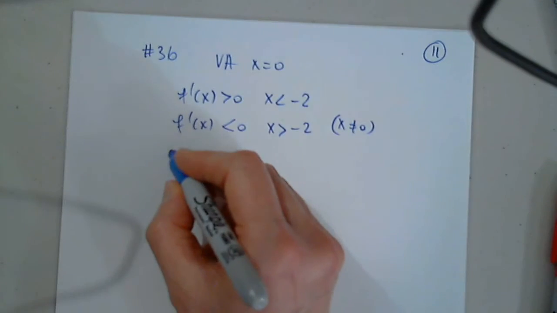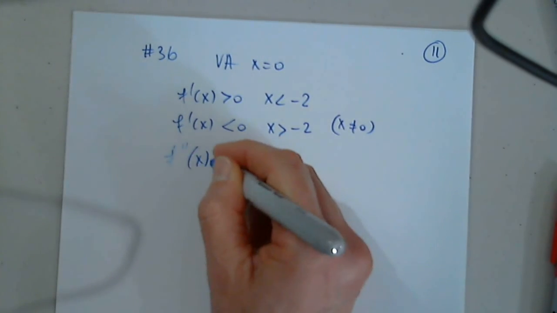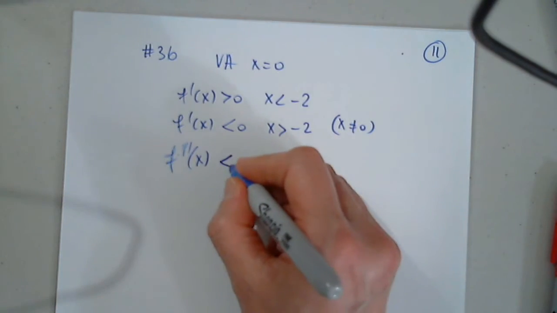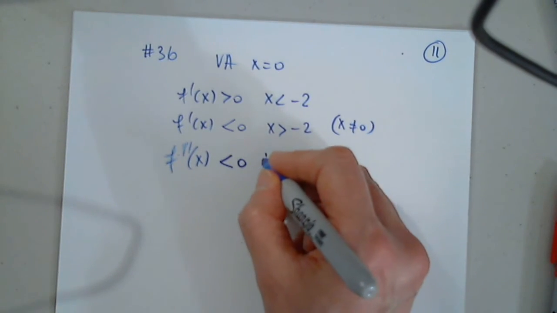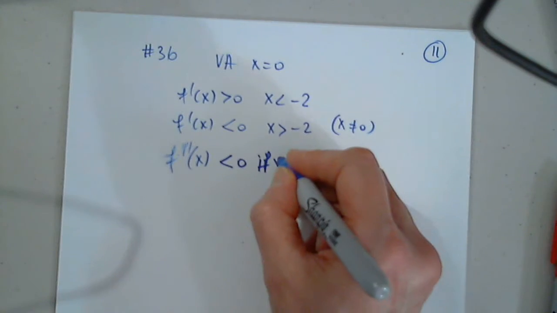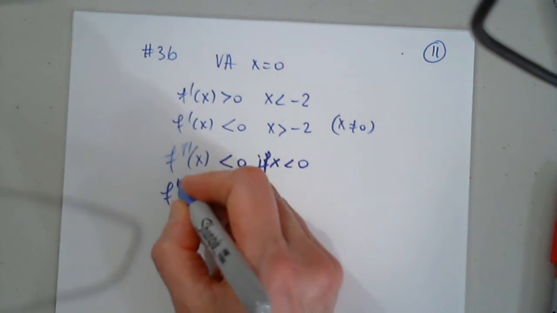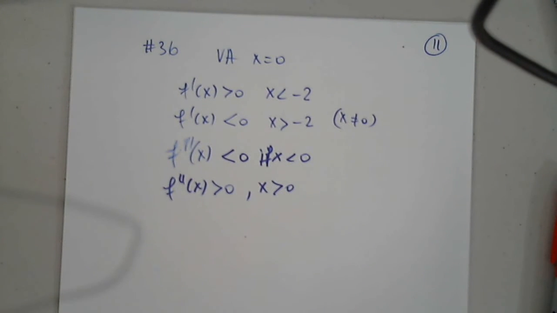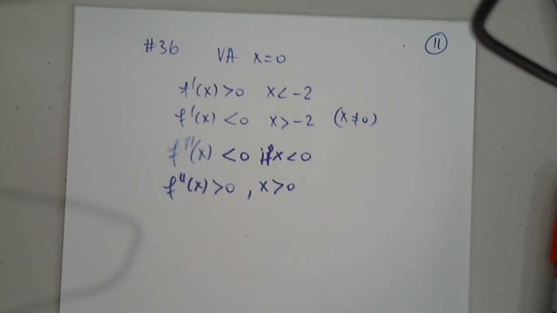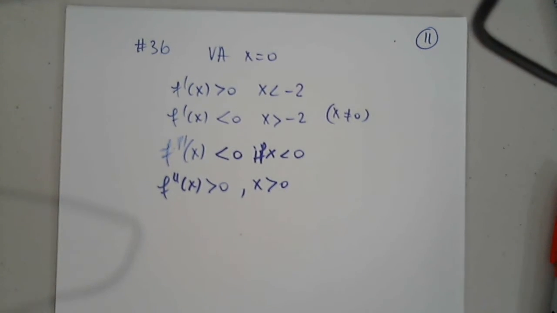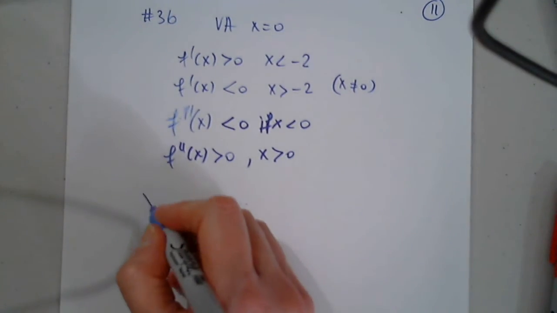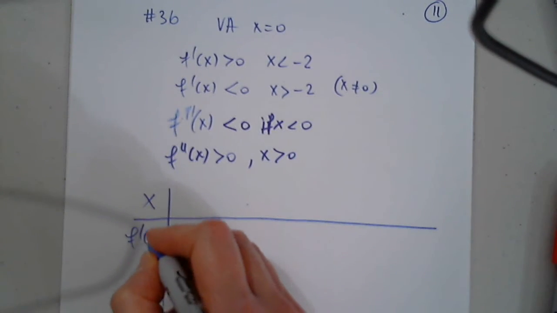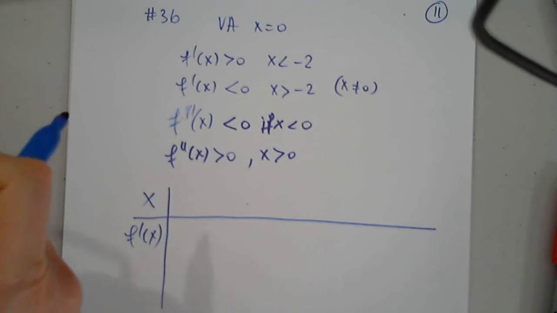The second derivative is less than 0 if x is less than 0, and the second derivative is positive for x greater than 0. Perfect. Okay, I'm going to stop sharing. Good. Again, I recommend summarizing everything so you don't make an error. That's my suggestion always.